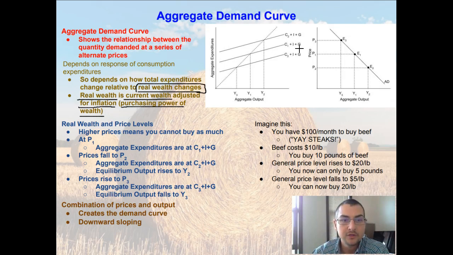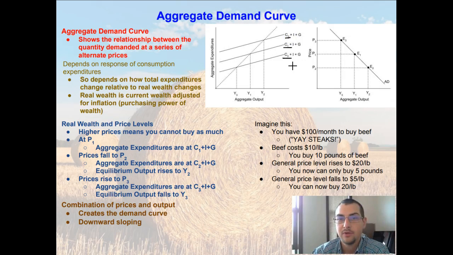First and foremost, whenever we look at this graph, we have our aggregate expenditures over here and our aggregate output down here. We have our nice little 45-degree ray for our Keynesian cross. And then we have these three different aggregate expenditure lines. As you can see, we have C1, C2, and C3, meaning we're dealing with three different planned consumption functions.